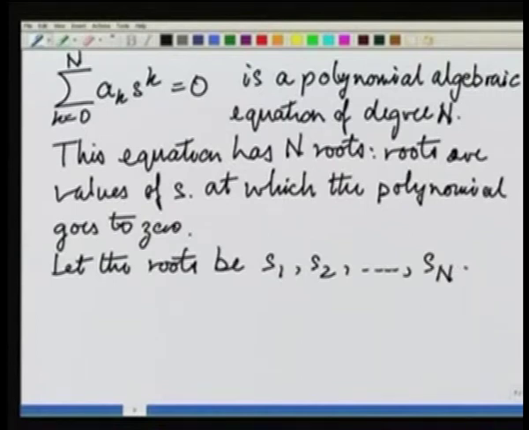These are the n specific numbers, not necessarily real numbers, they could be complex numbers, which if you substituted in this polynomial equation in place of s and evaluated the left side, it would evaluate to 0. Now, what is different from this homogeneous algebraic equation and the earlier homogeneous differential equation? We seem to be saying the same things about a very similar equation now.